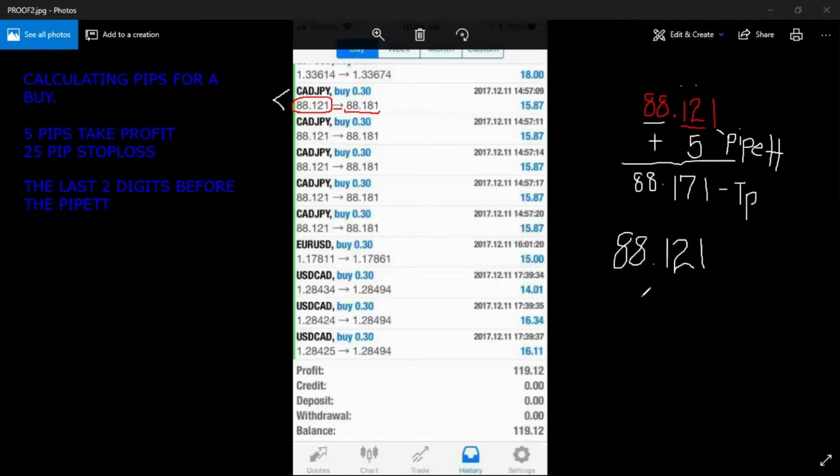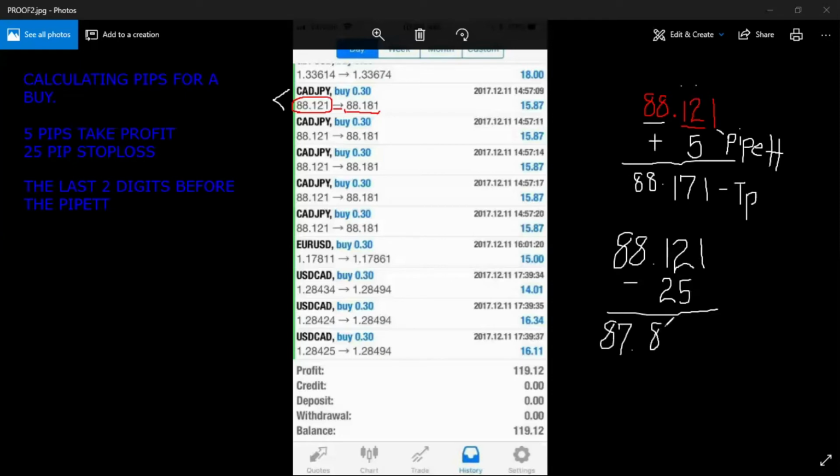We're going to subtract 25 from the last 2 digits before the pipette. I recommend the calculator because, as you see, when you have to subtract a larger number from a smaller number, you have to regroup and all that good stuff. So let's utilize our resources, because we don't want to mess up our money, and break out that calculator.